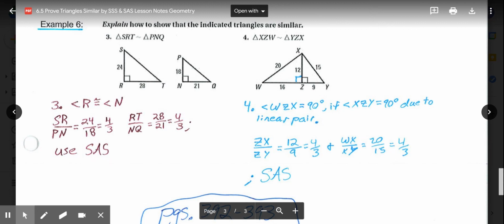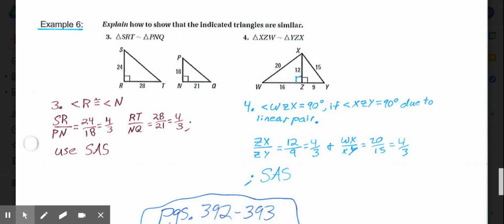In 4, we're looking at triangle XZW and triangle YZX. So what I know right away is angle WZX and angle XZY are both right angles, 90 degrees. So they are congruent.